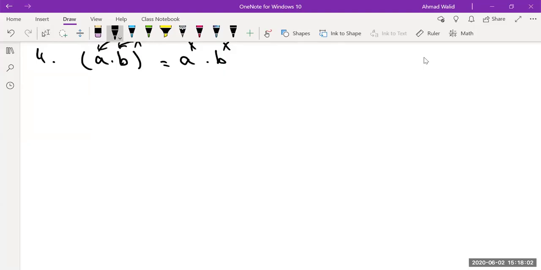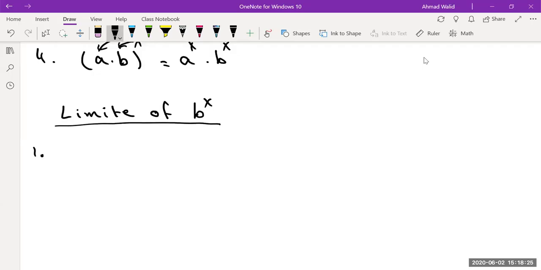Now, let's start slowly the calculus of exponential functions. First thing that I want to cover for you is the limit of b to the power of x, or limit of exponential functions.